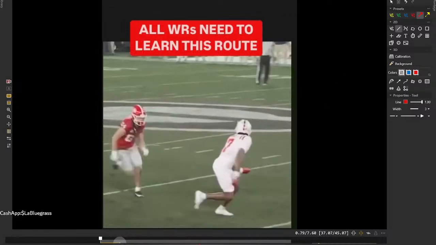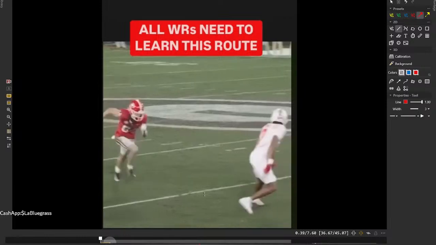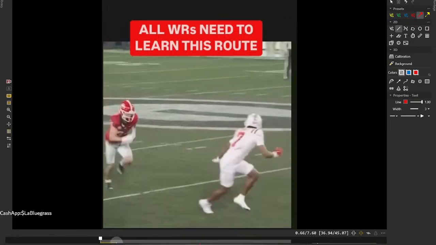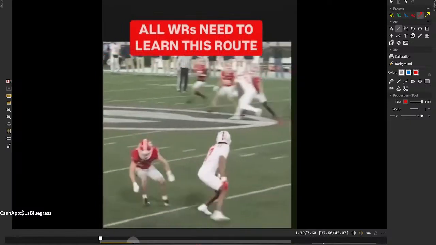Next problem, if you're in zone and you have outside leverage, keep your damn outside leverage. You cannot let him get in your blind spot. He's in your blind spot right now. You cannot see him. You can peripherally see him, but you cannot really see him. So that's problem number two.